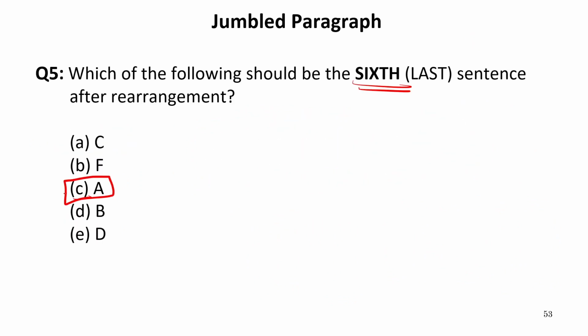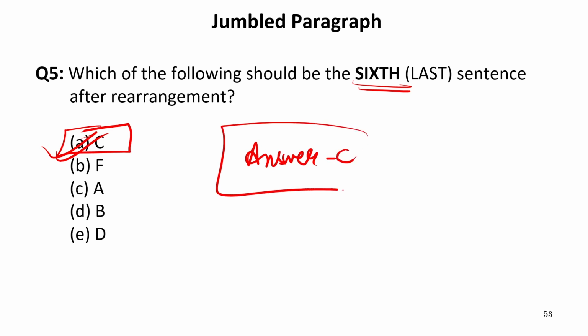It is written in option A. So our answer is A. Now this is somewhat puzzling, as the structure differs from the previous paragraphs' question options. Here the sixth or last sentence is C, which is given in option A. So our answer will be A, not C. Okay, I hope you understood this paragraph.